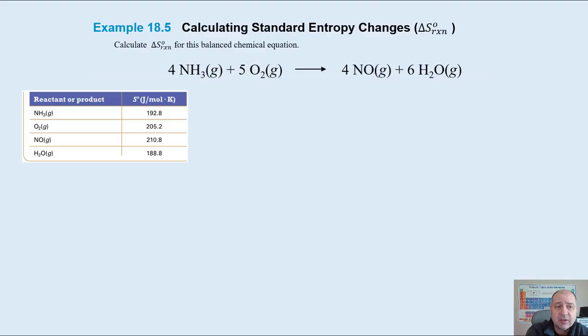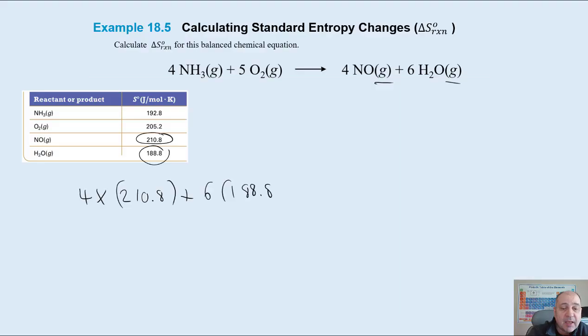If you were to calculate delta S here, we look up the S's here of NO, so it's going to be 4 times the entropy of NO, so that would be 210.8, plus 6 times that of water, which is 188.8. So those are our products, and then we subtract the reactants.